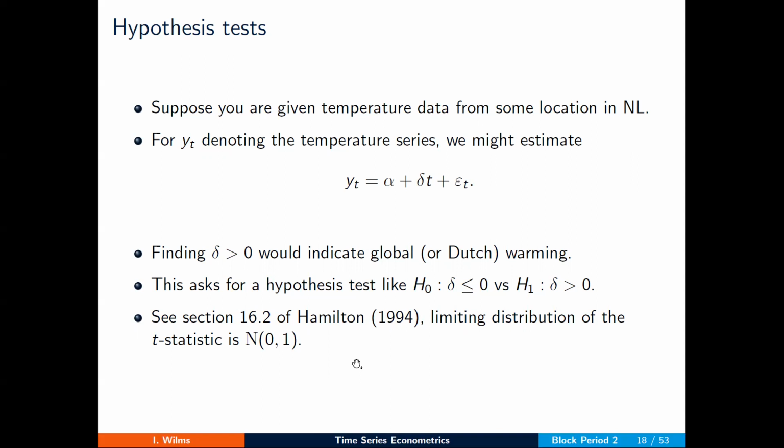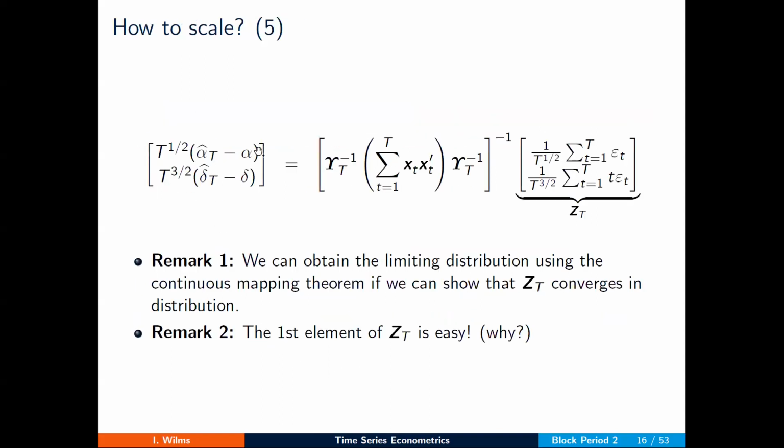As you can see in Hamilton, it turns out that the limiting distribution of the test statistic follows a standard normal distribution. So despite the fact that we have seen that the estimators for alpha and delta in this model have different asymptotic rates of convergence, remember, we had to blow up the difference between estimator and true population parameter by different powers of t.